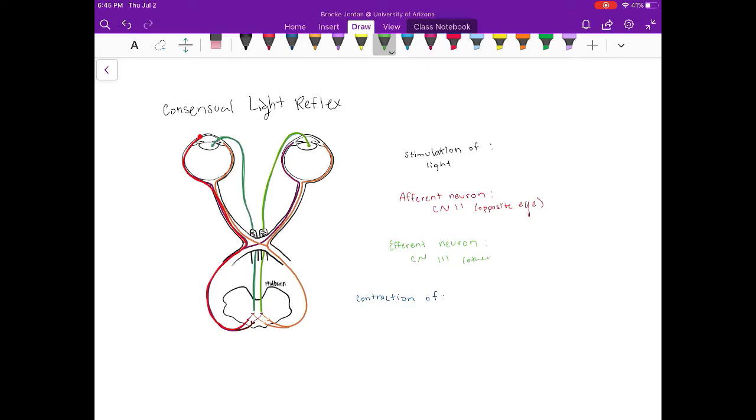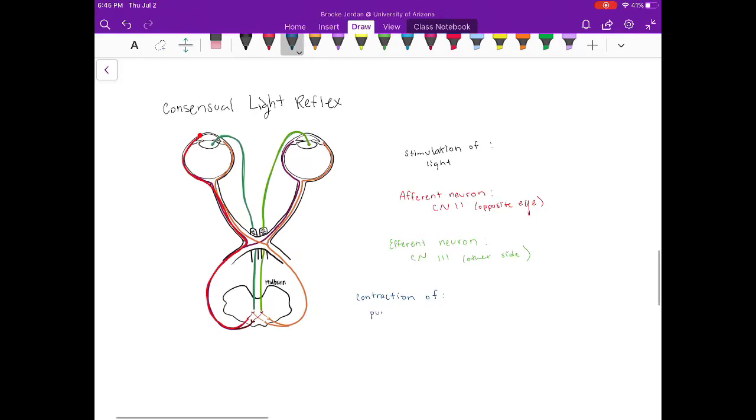So you have constriction happening on both pupils from light stimulation on one side. It's just that one is named pupillary light reflex and the other is consensual because they both contract.